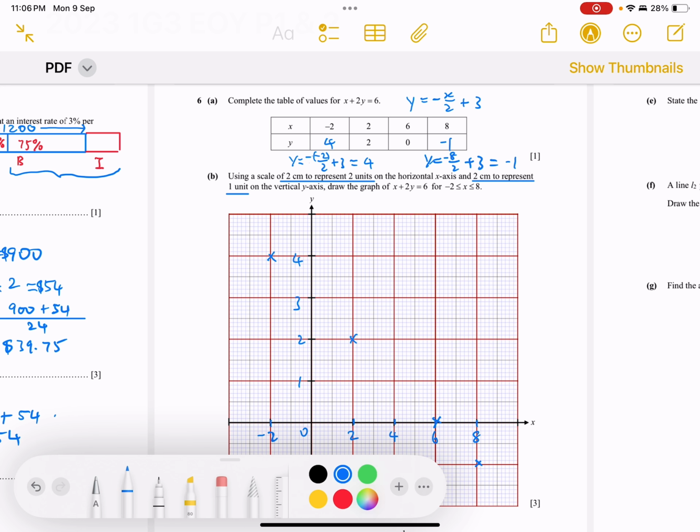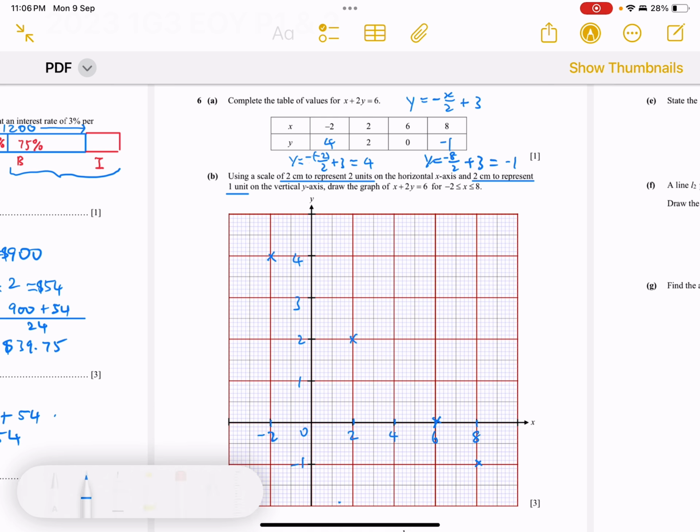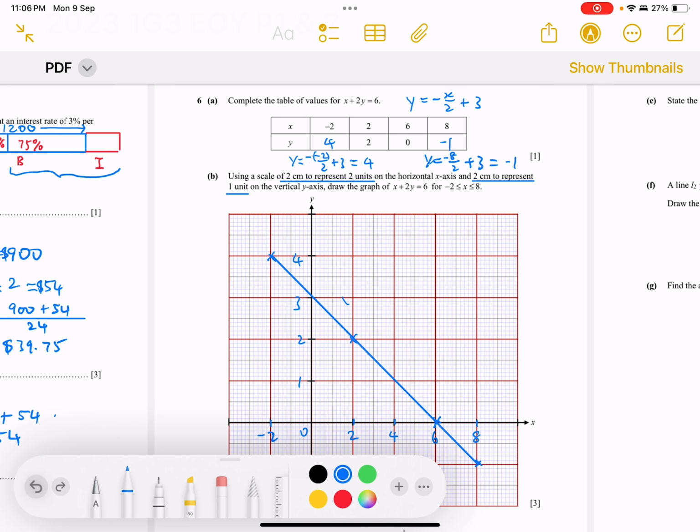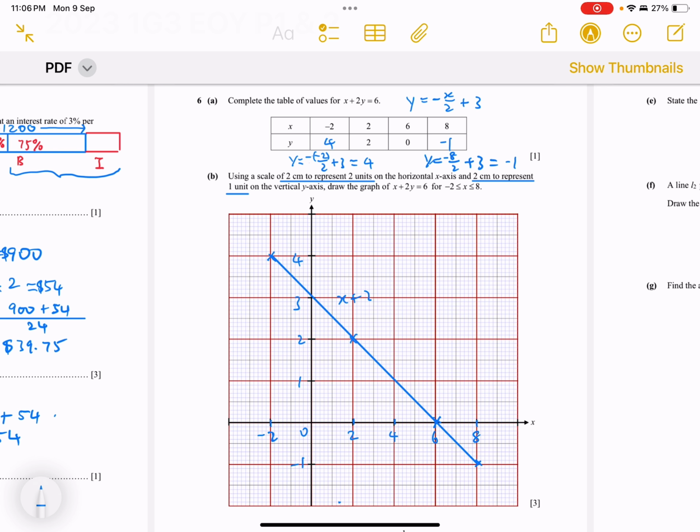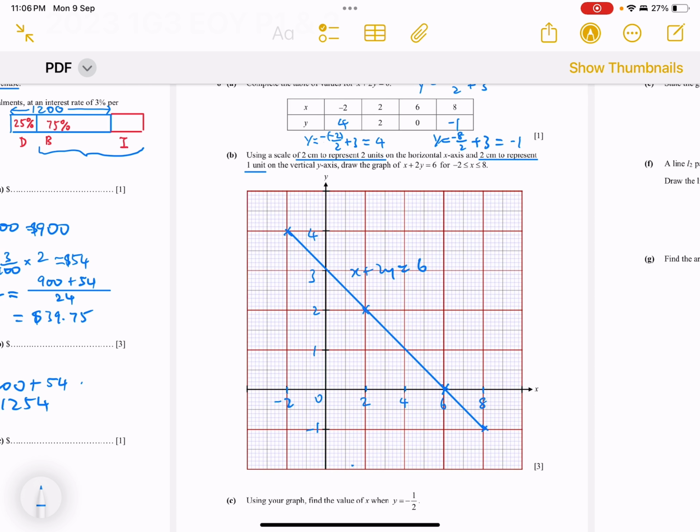Alright, so let us, okay, the straight line here to here. Okay, so we normally write the equation of the line. The equation is x plus 2y equals to 6. That's the original equation.